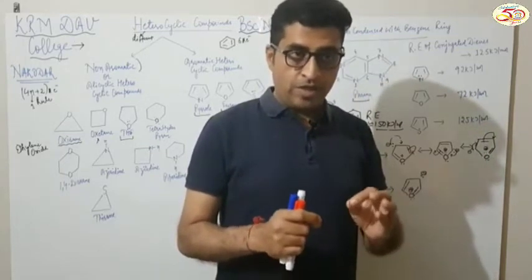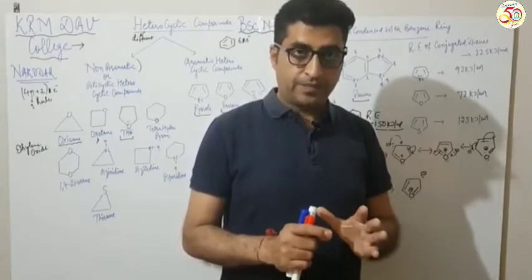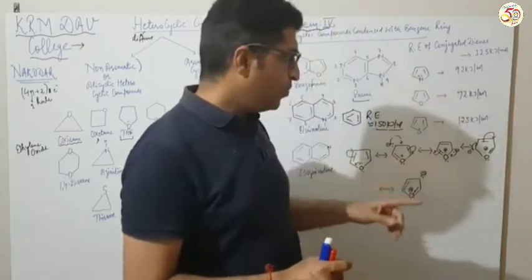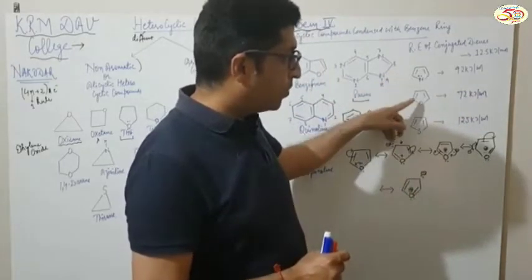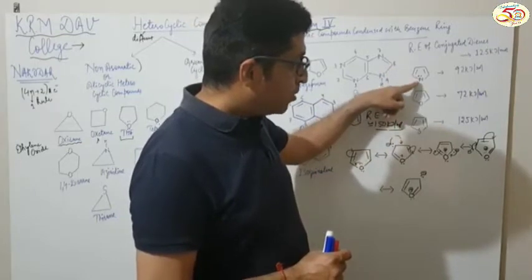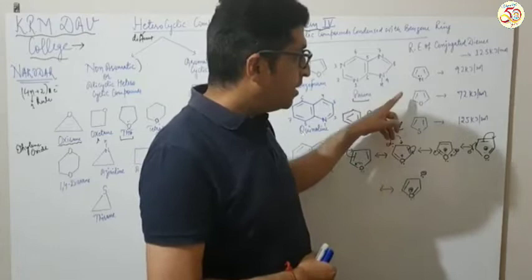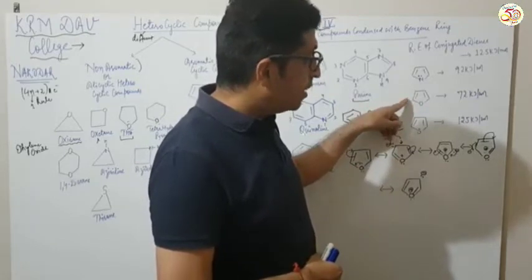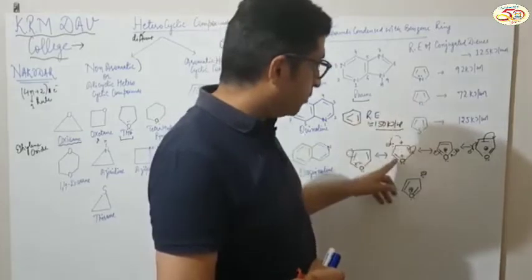Though positive charge is not stable on electronegative elements, even then, if you compare the resonating structures of pyrrole and furan, nitrogen is possessing positive charge in the resonating structures, and in furan, oxygen is possessing positive charge in 4 structures.